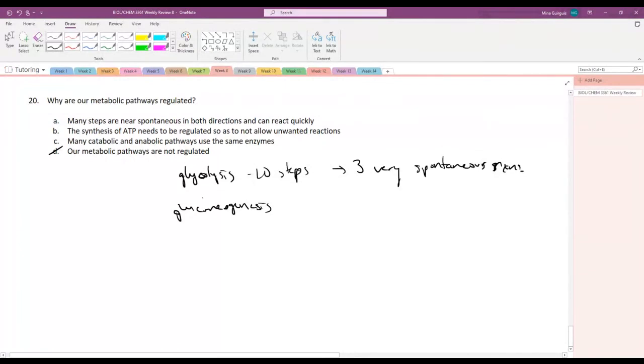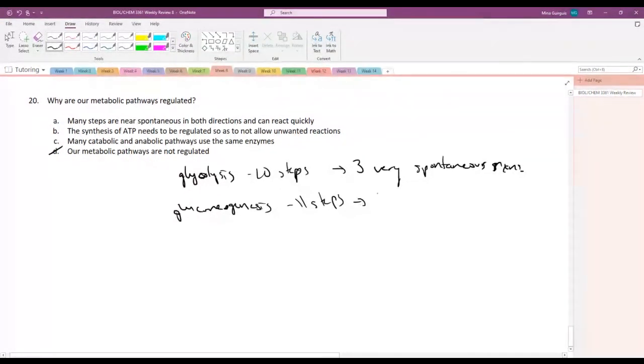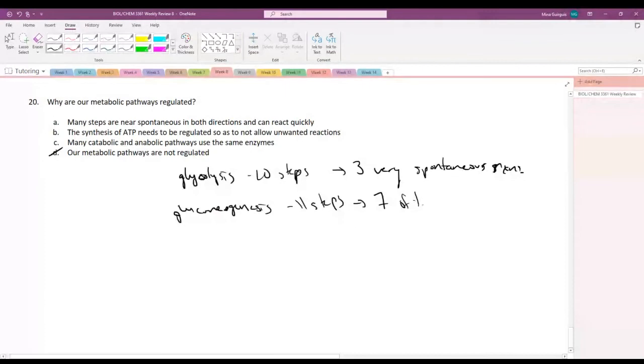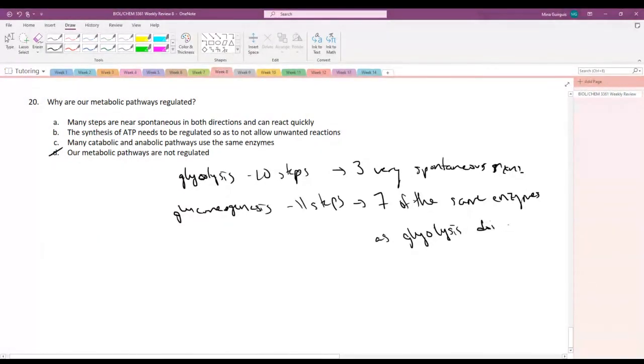It's not quite, but it's effectively making glucose from pyruvate, which is the end result of glycolysis. It is 11 steps, and it has 7 of the same enzymes as glycolysis, doing the reverse reaction.